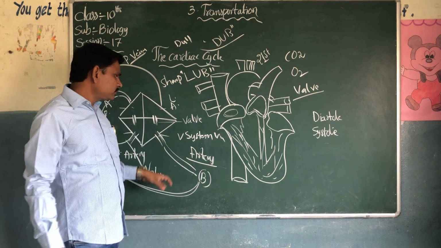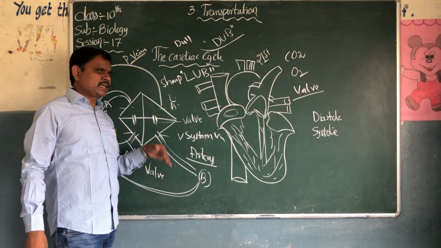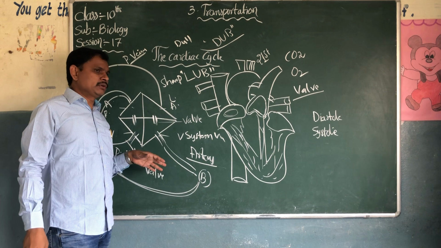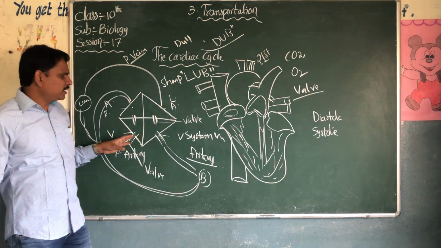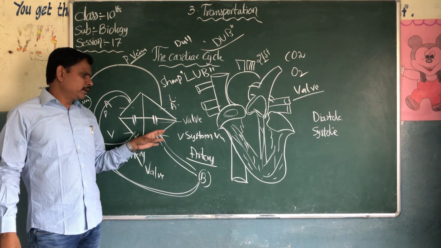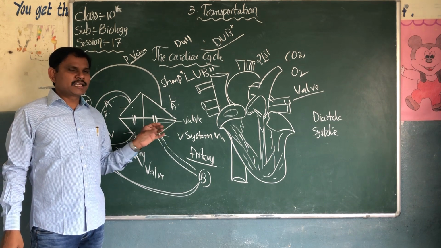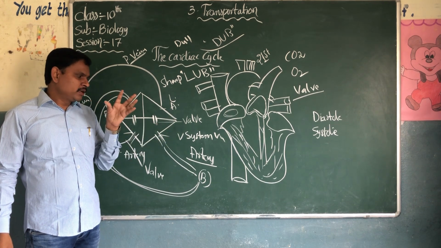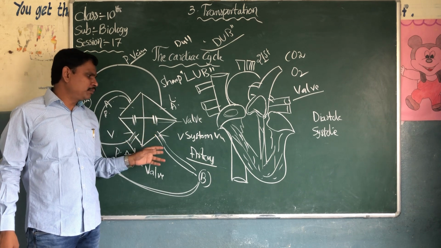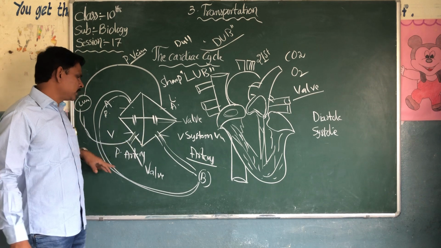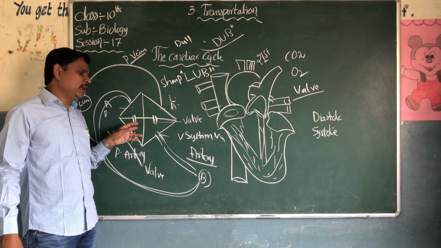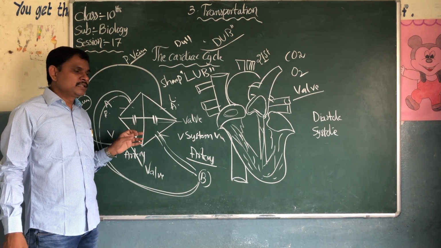These valves are inbuilt, rooted deep inside. That's why, when the ventricles start relaxation, there is a chance for blood to enter from the arteries into the left ventricle, and from the pulmonary arteries into the right ventricle.